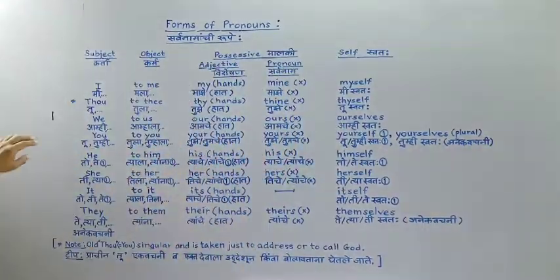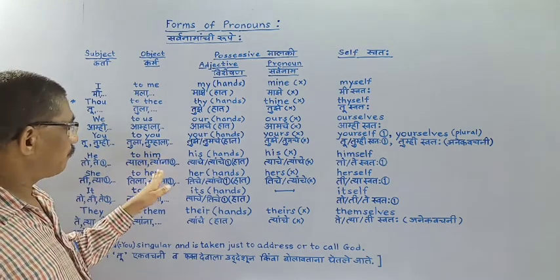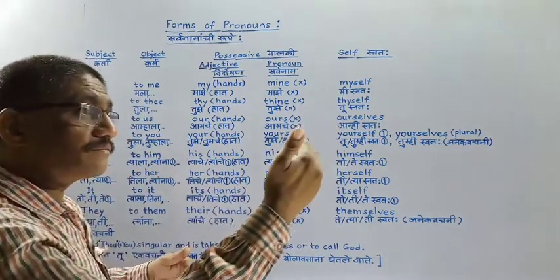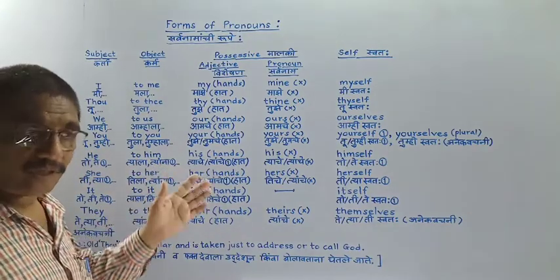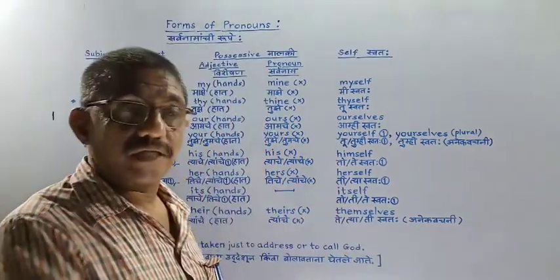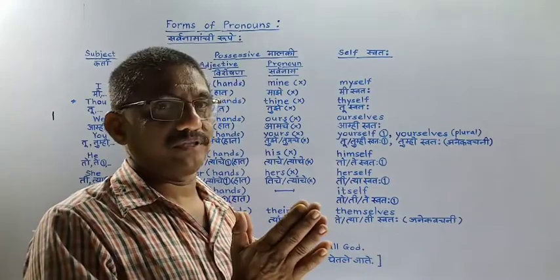Now, he. Masculine gender. He to him. May be with respect, like father, teacher. I should say he to him in English, because there is no difference of respect in the English language. Our regional languages have this type of difference.